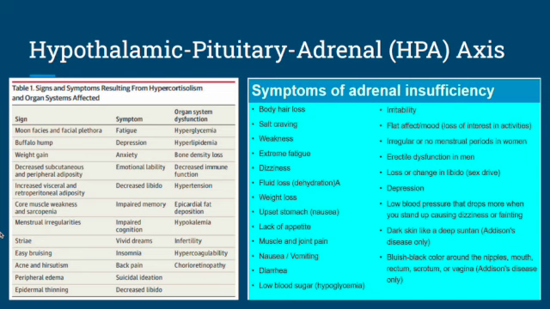And likewise, on the opposite side, very low levels of cortisol can cause some of the opposite of these things, like very low blood pressures, body hair loss, weight loss, muscle and joint weakness, upset stomach, low blood sugars.